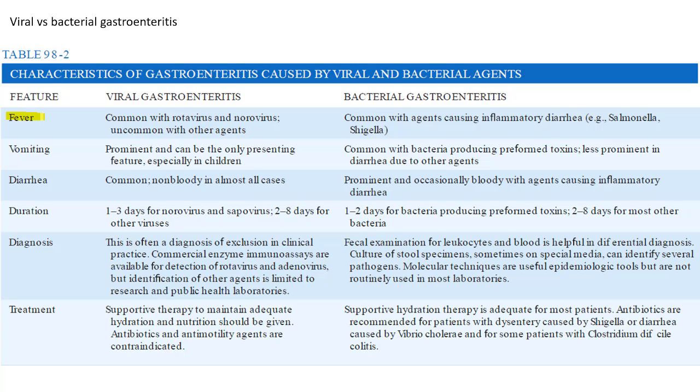In the case of fever, we said that constitutional symptoms are common with viral gastroenteritis, while in bacterial gastroenteritis, it needs to be an inflammatory diarrhea, a more severe case of diarrhea, like with Salmonella and Shigella. While with traveler's diarrhea from E. coli, for example, you will most probably not find fever.